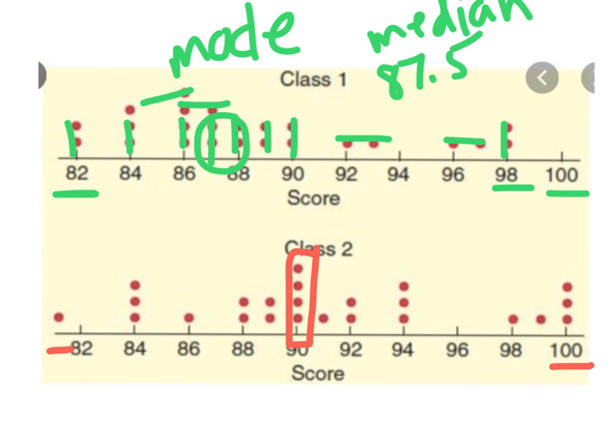Then we need to find our middle number. So we're going to cross those out until we find the number that shows up in the middle. So we have 90 being our median here.